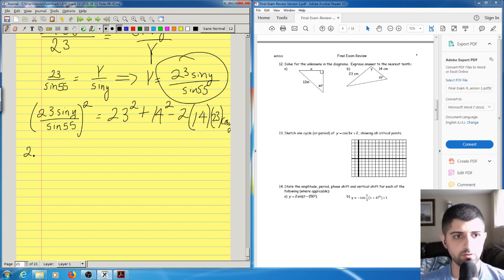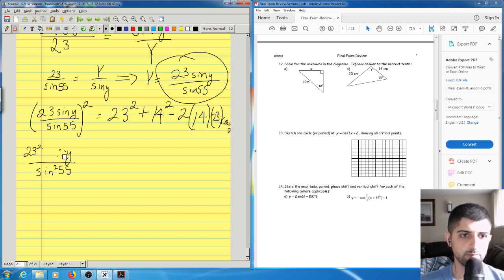This is going to be a mess. So let's square this: 23 squared sine squared y over sine squared 55. Now, what I'm going to do is replace sine squared y by 1 minus cosine squared y, provided I do a parentheses. Why would I want to do that, though?